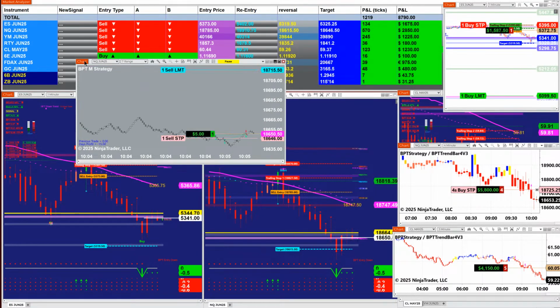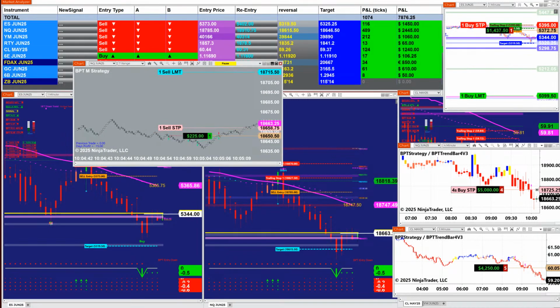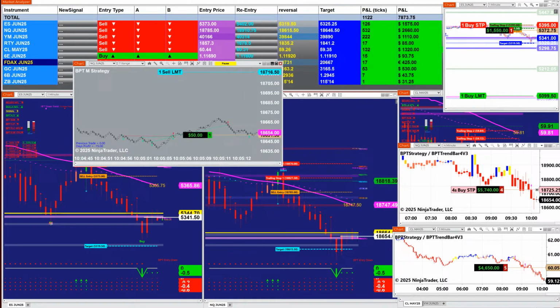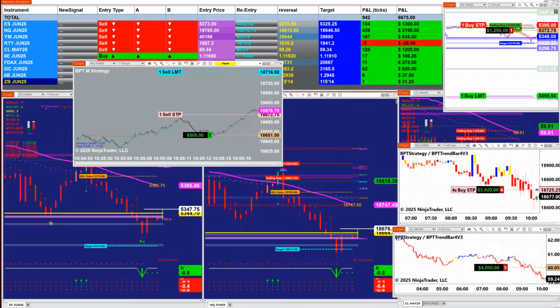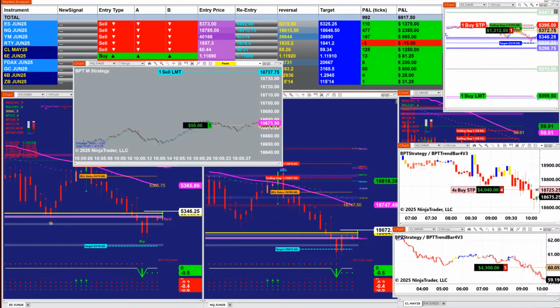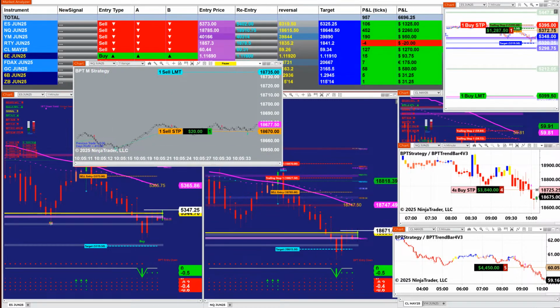Wow, the market is going fast. And here it is. Wow, 415. Immediately you can see the number from here, from the left corner.